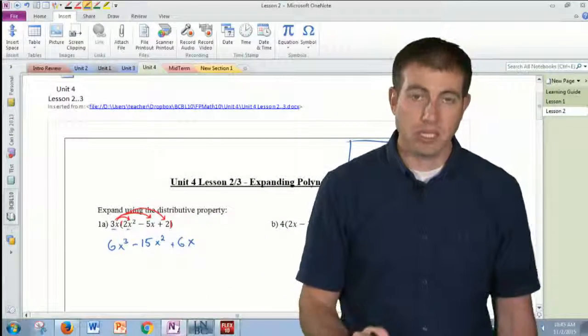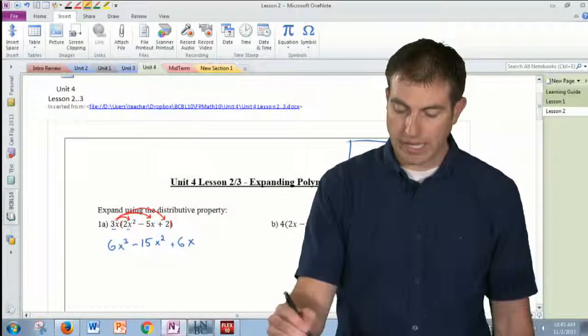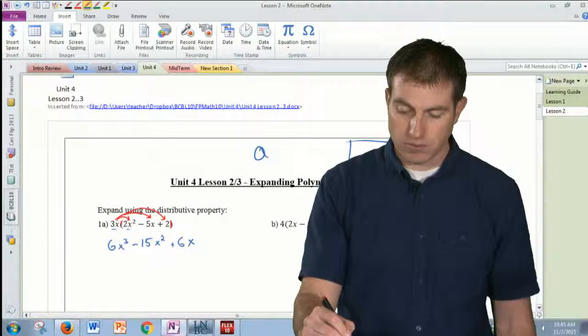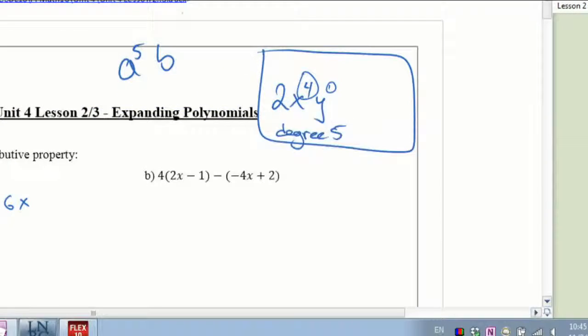It would be really, really mean of them to give you a double variable one like xy or like a to the 5th, b to the 7th, and ask you what degree that is. That's going to be a 12th degree. Generally speaking, you only end up with a single variable. A good question, but something that probably won't be encountered too much.